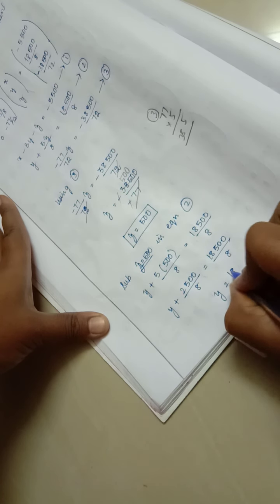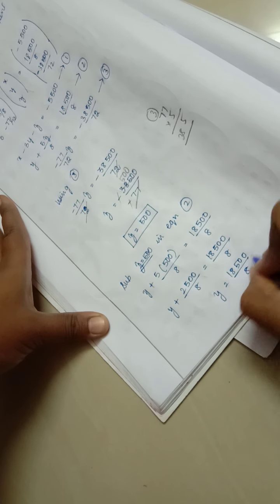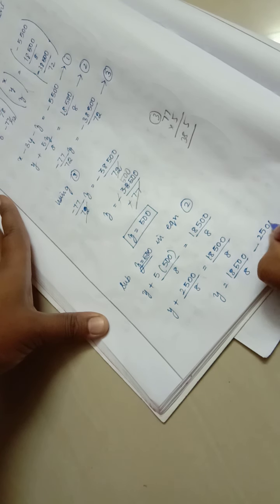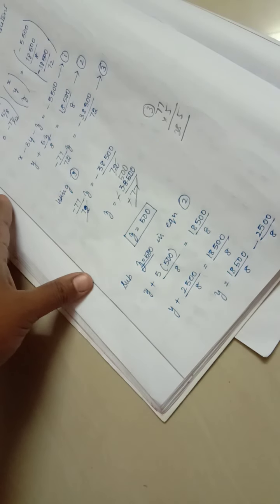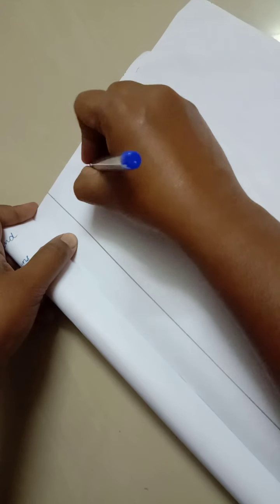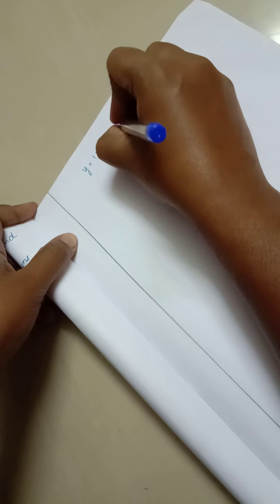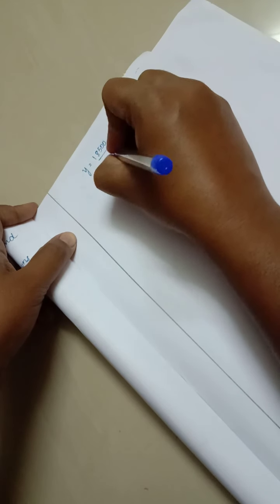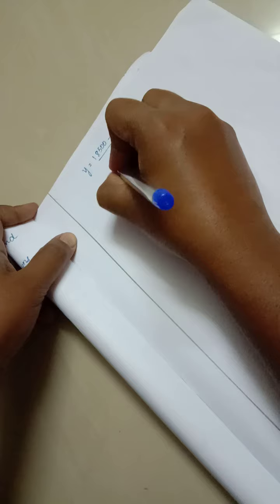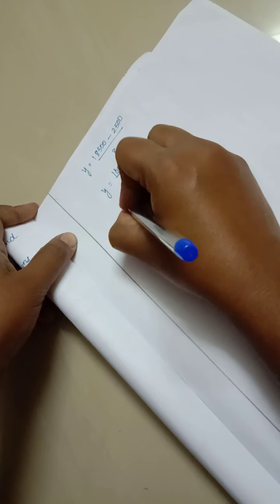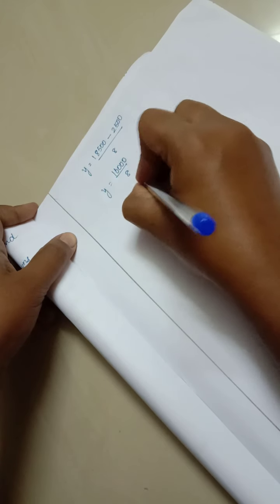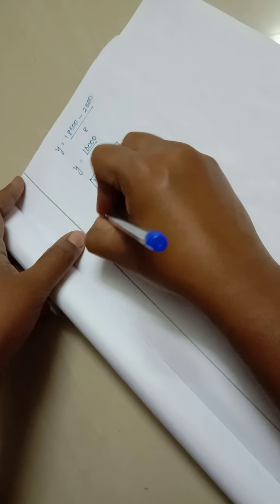Y equals 18,500 by 8 minus 2,500 by 8. So what is the answer you will be getting here? Therefore y equals 18,500 minus 2,500 by 8. Y equals 16,000 by 8. Therefore y equals 2,000. So now we have the y value and z value.